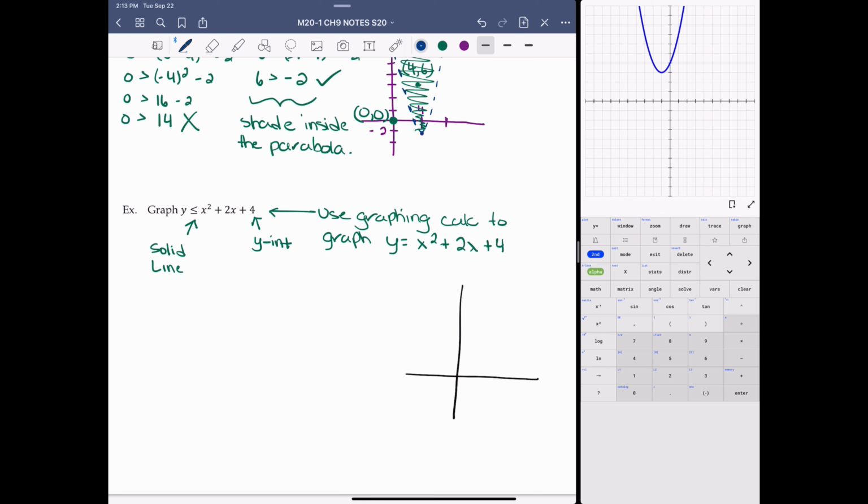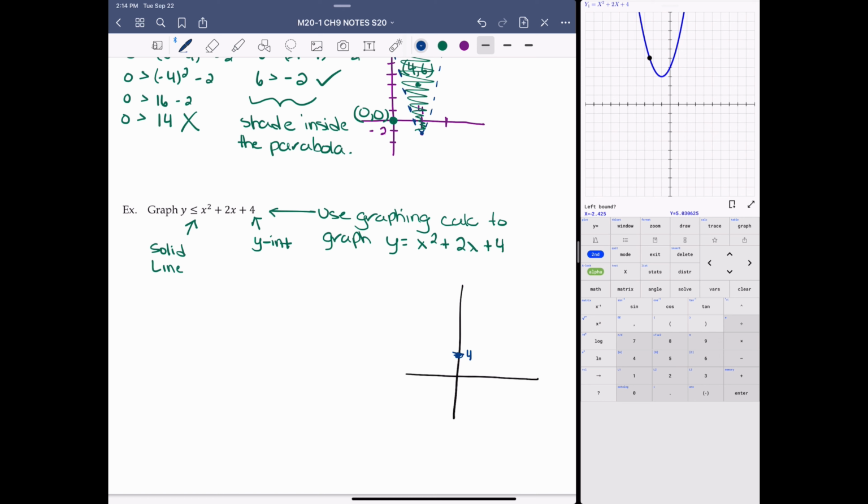We've got a y-intercept at 4. Let's say it's about here. And then let's find our minimum, second trace 3. We need a left bound.